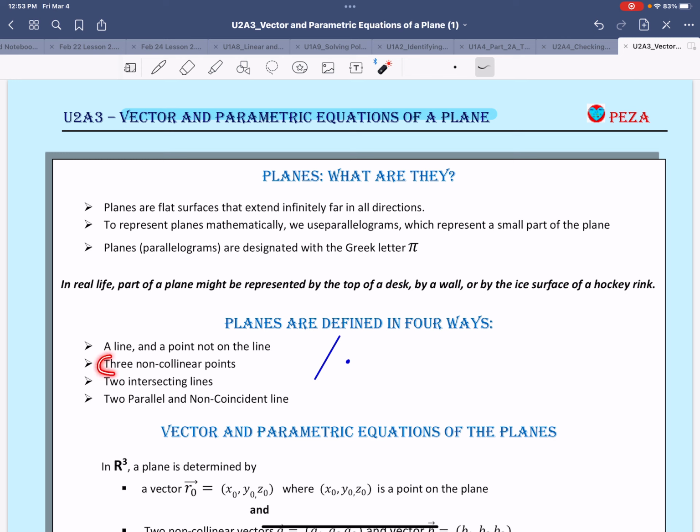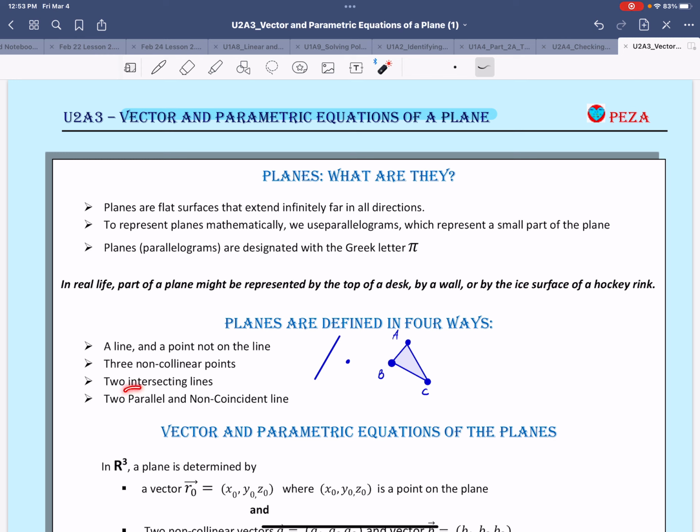Similarly, 3 non-collinear points, for example, points A, B, and C here, if connected to each other, will form a plane. No matter where their locations are, they would create a triangular shape, which would lie flat on the plane.